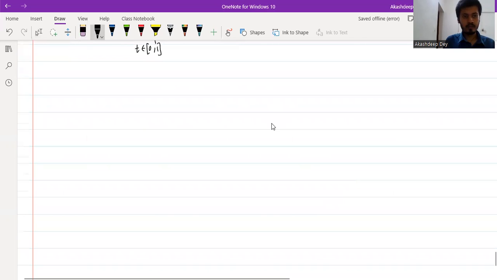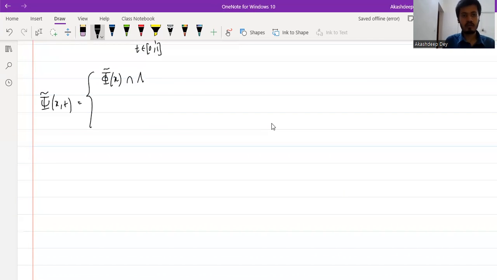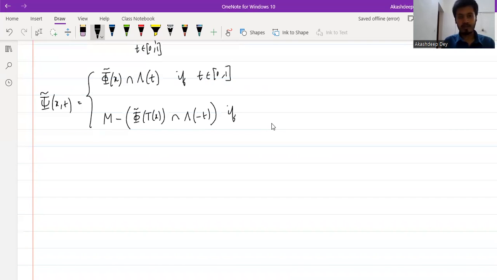Then we define psi tilde (x, t) is equal to phi tilde x intersection lambda t if t is in [0, 1], and this is equal to M minus phi tilde (-t) x intersection lambda minus t if t is in [-1, 0].